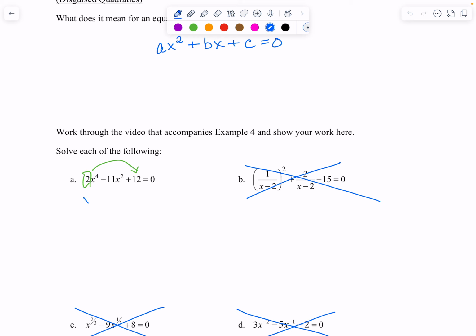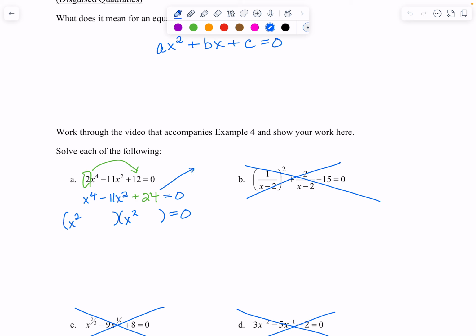So I'm going to get x to the fourth minus 11x squared plus 24 equals 0. Now I'm going to factor it. This is a little bit weird because you've not done x to the fourth. But all I'm going to do is take x to the fourth and split it into 2 pieces. So that's going to be x squared and x squared.